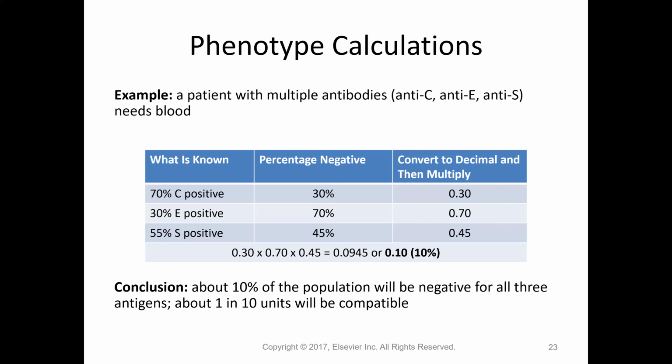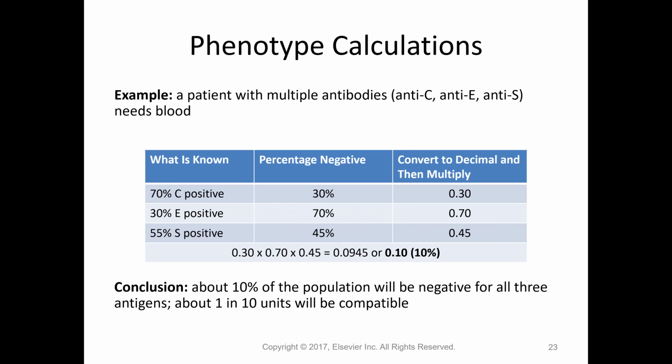Wait a minute. So your units will be on top. It's your units divided by your percent negative. 20? Yep. So you will have to antigen type approximately 20 different donors to find your 2 compatible units.